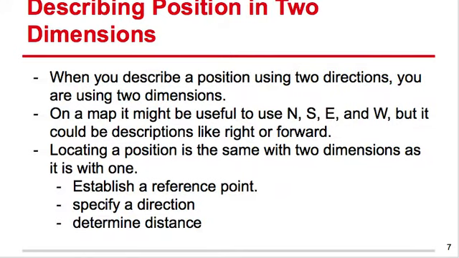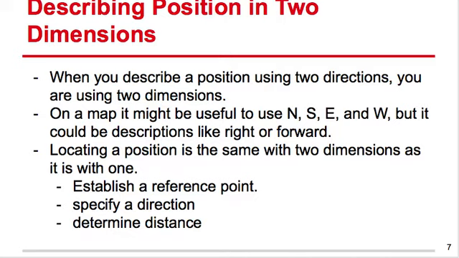Describing position in two dimensions. When you describe a position using two directions, you are using two dimensions. On a map, it might be useful to use north, south, east, and west, but it could be descriptions like right, forward, backwards, left, things like that. Locating a position is the same with two dimensions as it is with one.